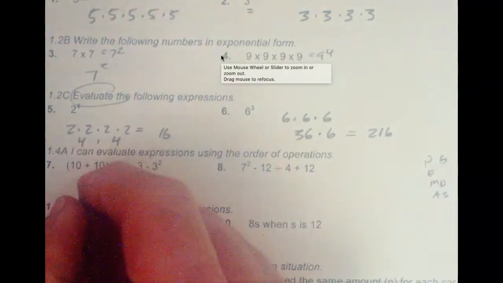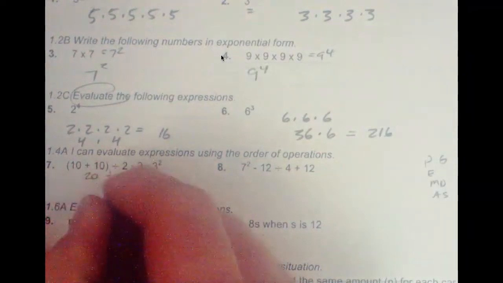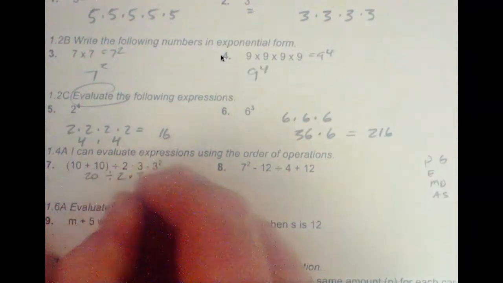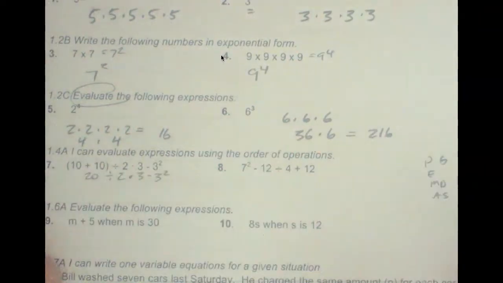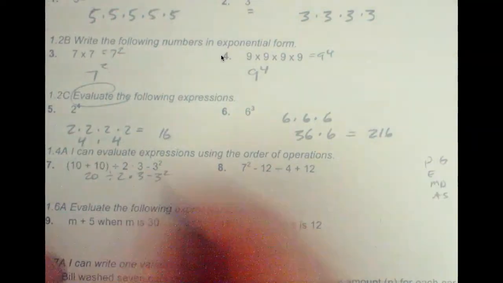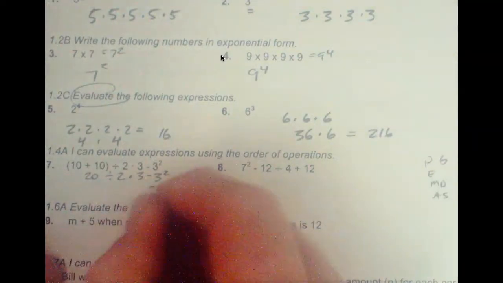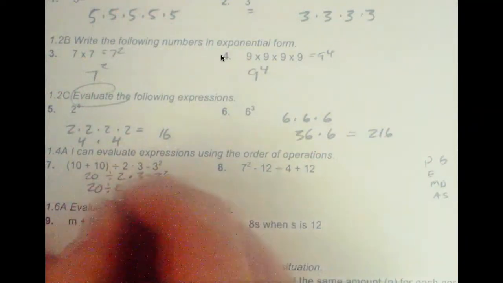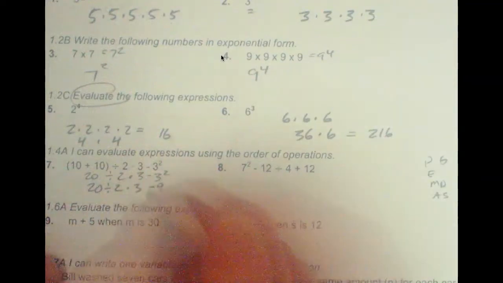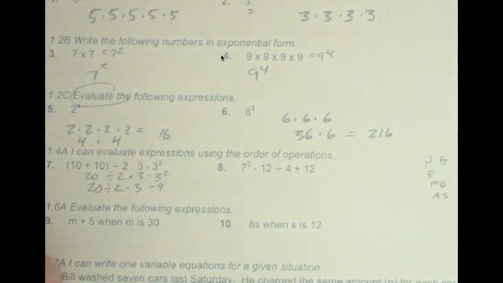So this would be 20 divided by 2 times 3 minus 3 squared. So I got my parentheses done. Now look over here. I have to do exponents next, which is over here. So this is minus 9. Just go through and write this as 20 divided by 2 times 3 minus 9. I'm not going to fit it in here, am I?